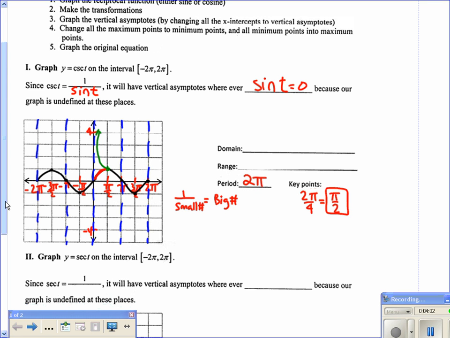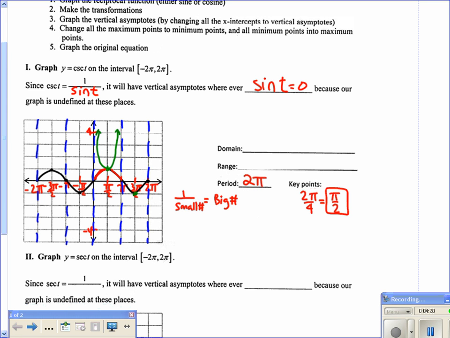The next part down here is again sine coming closer and closer to 0, so 1 over a small number is going to be a very large number, so this part of my graph goes up this way. We can also do that for each of these intervals in between my asymptotes. I know that 1 over the sine of 3 pi over 2 would be 1 over negative 1, so negative 1, and that stays there for my minimum.